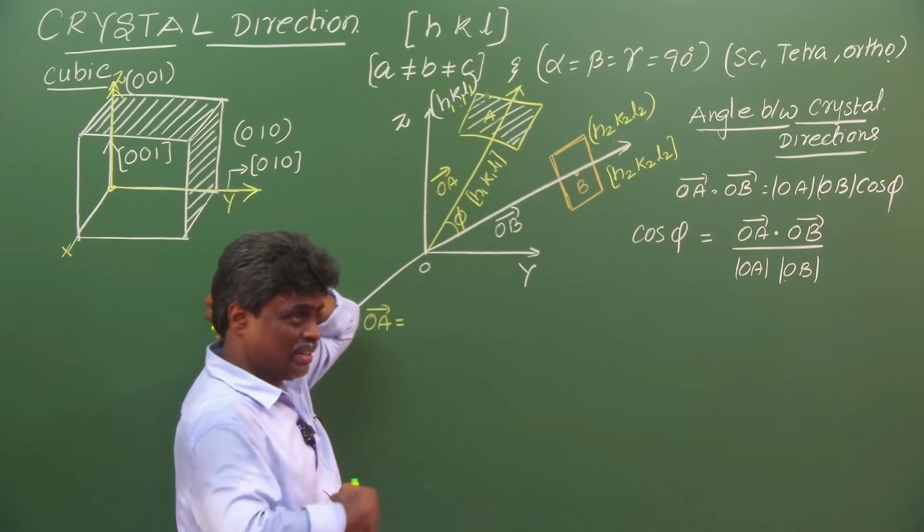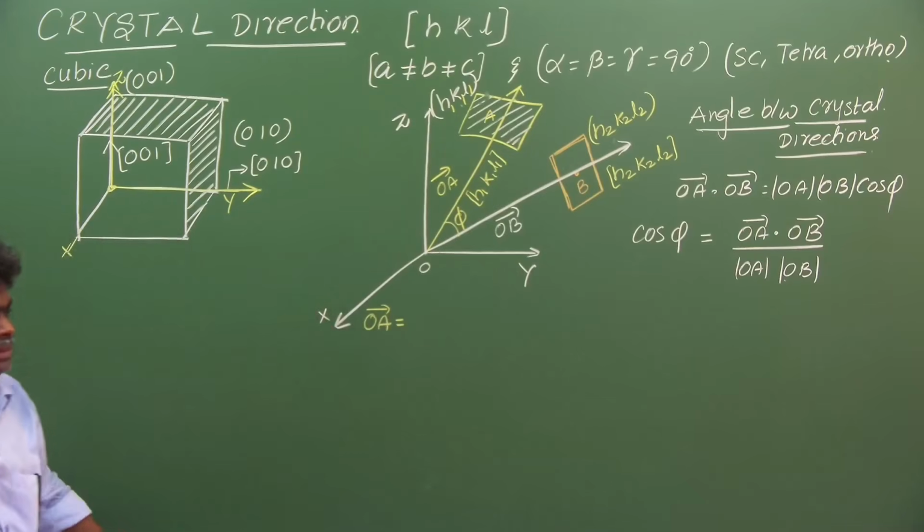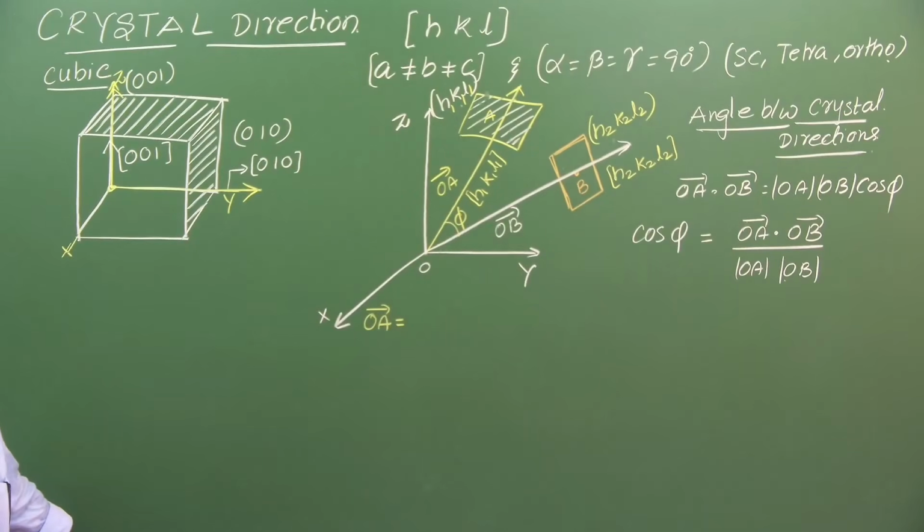We want to write a vector connecting, joining that plane and this one. This is a reciprocal vector. H1 by A.